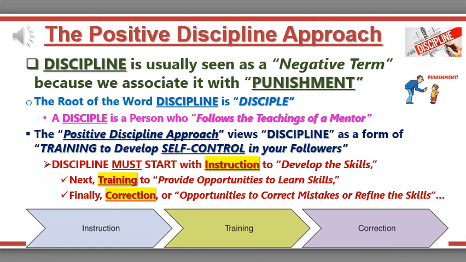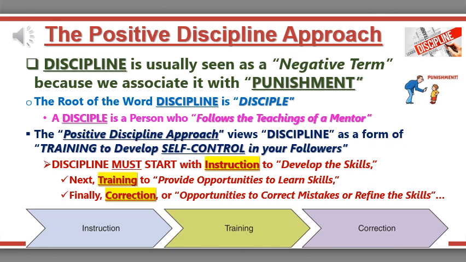So as we dig into the positive discipline approach, let's start out with discipline, because positive and discipline usually don't go together. Discipline is usually seen as a negative term because we associate discipline with punishment. But think about it for a few minutes. If you actually studied the word discipline, the root of the word discipline doesn't have anything to do with punishment.